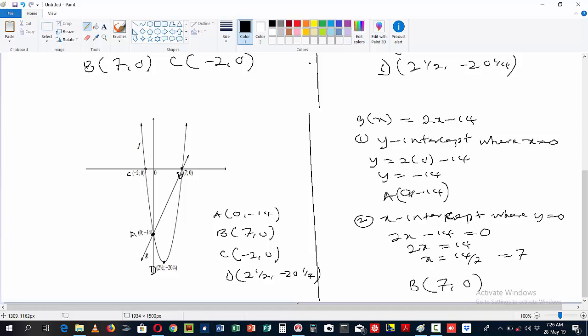Remember that our A is (0, minus 14), which is already indicated. Our B is (7, 0), which is already indicated here. This one will form a straight line, and this one will form the quadratic, which is the same thing as a parabola. This is the answer to question 5.1.